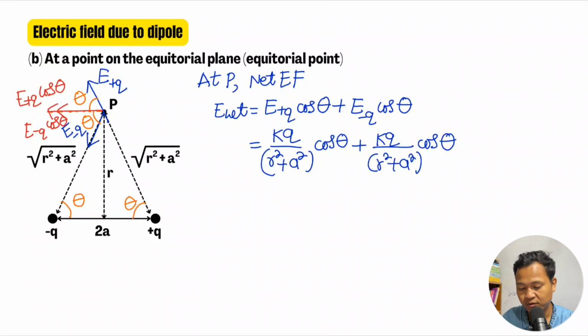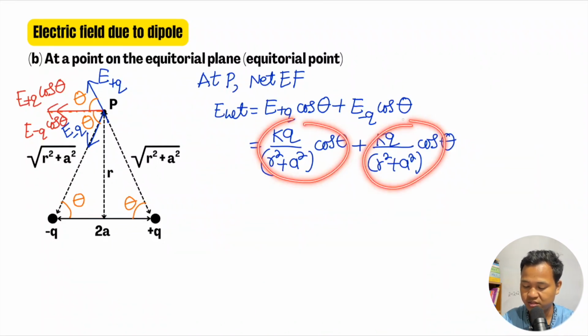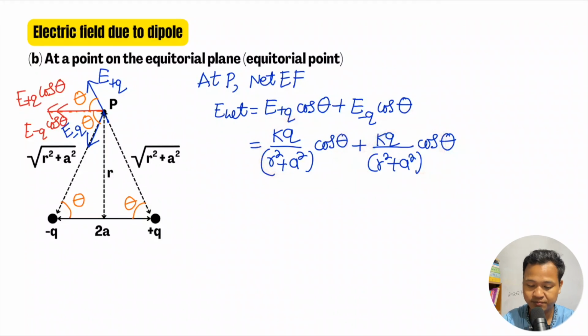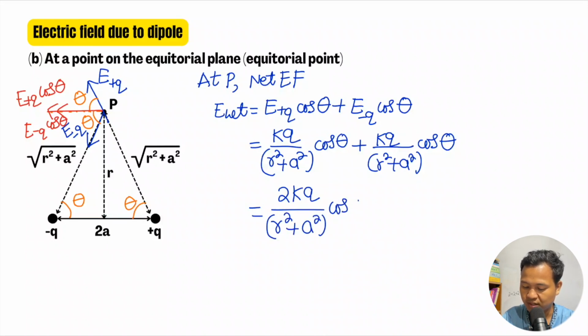So this and this are same, if I add them I will have two times kq, so 2 into kq divided by r square plus a square into cos theta.